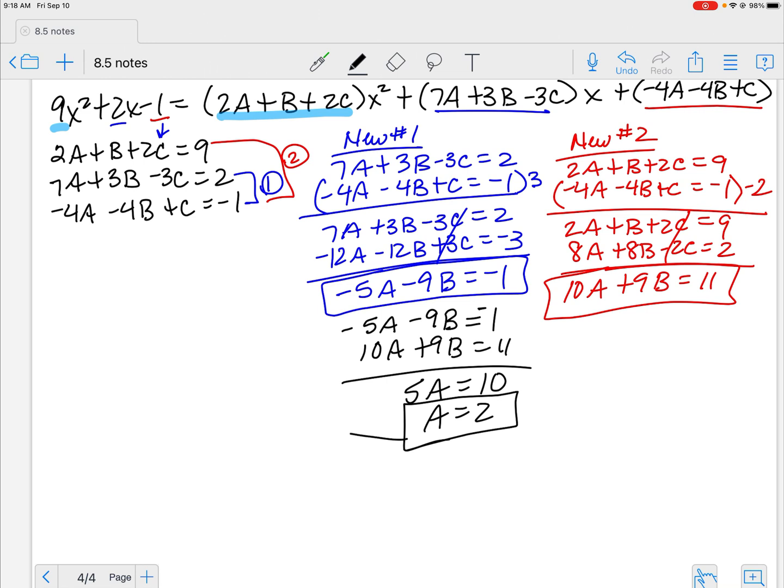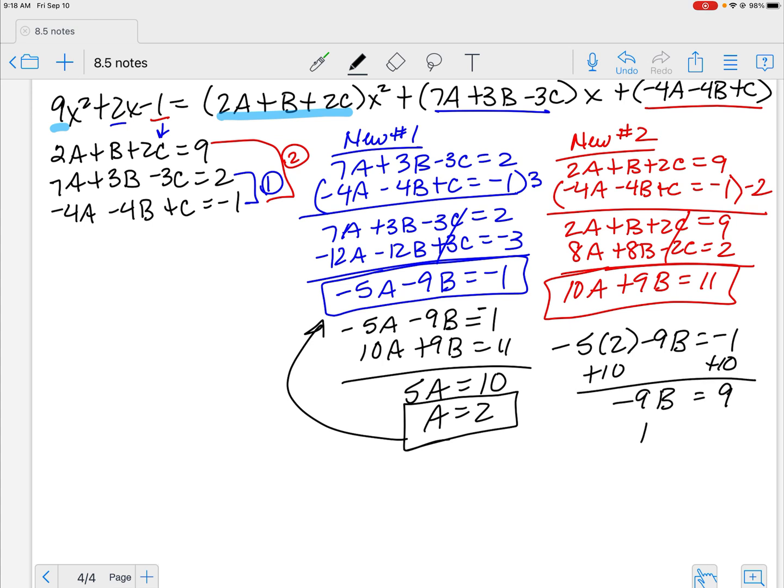Once you know what a is, plug it back in. So negative 5 times 2 minus 9b is equal to a negative 1. So I'm going to add 10 to both sides, right? Negative 9b is equal to 9, so b is equal to a negative 1. As soon as you know two of them, plug it back into an original.